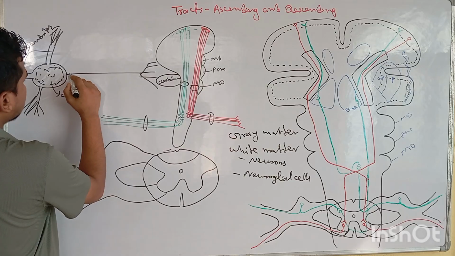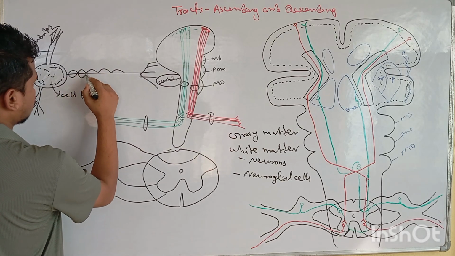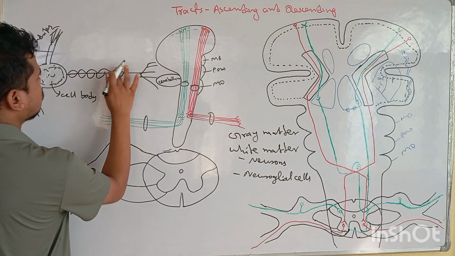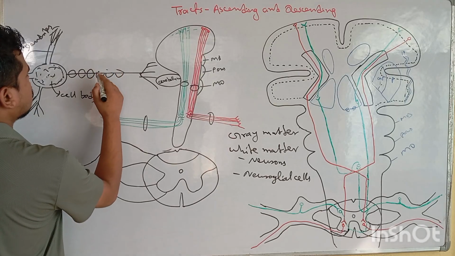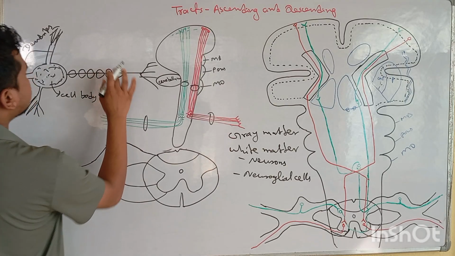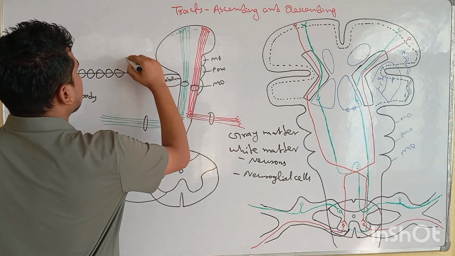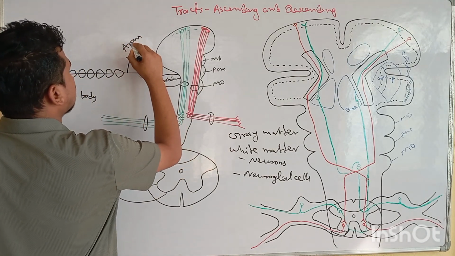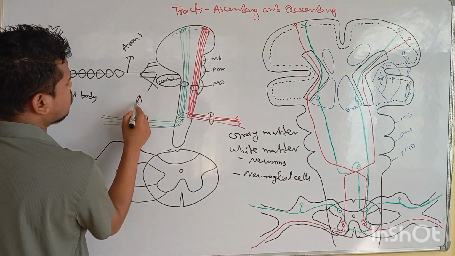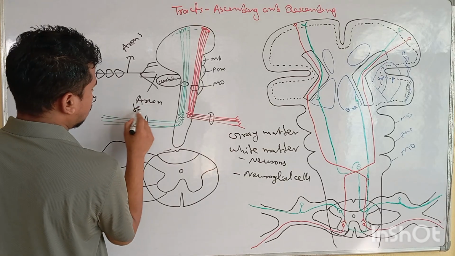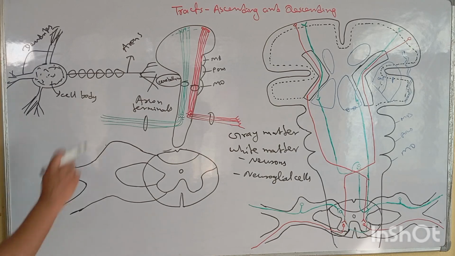This long process might be myelinated too; this is the myelin sheath. This long process we call the axon, and these will be the axon terminals.